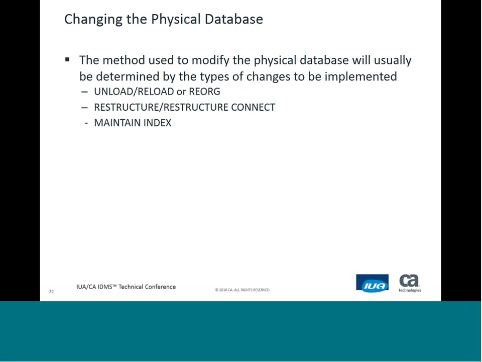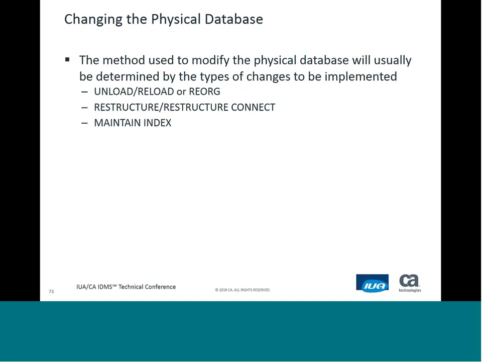So once you've made your changes to the schema and subschema environment, we're going to want to go through and actually change the physical data. And there are basically three areas or sets of utilities that are going to be available to you for this. Now, we've looked at the first sub-bullet there, unload, reload, or reorg.